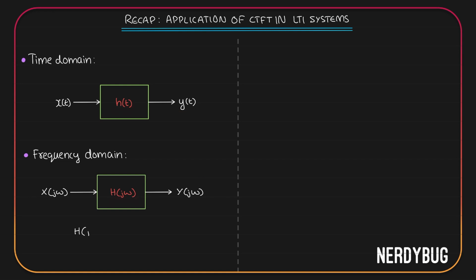So here we can write H of j omega is equal to integral from minus infinity to infinity h of t e raised to minus j omega t dt.